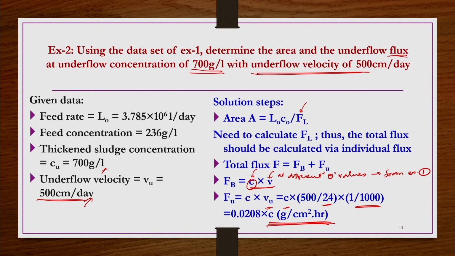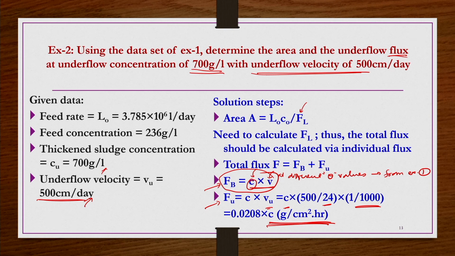So the first step is that we have to calculate the FU and FB values. The FB value is straightforward, it is nothing but the solution of the previous example problem. C and V are the solution of the previous example problem, or C versus V information for different time values. You just simply multiply those two values for different times, and then you will get FB for different times.